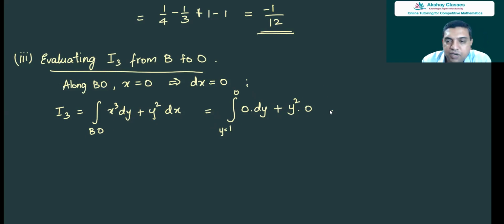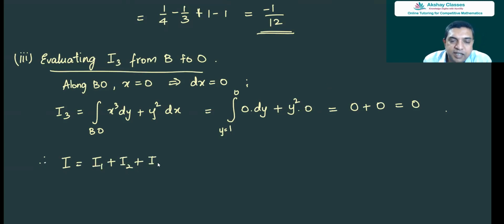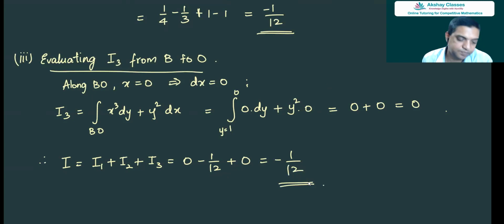So again, we get 0 plus 0 equal to 0. Therefore, the integral is I1 plus I2 plus I3, which is 0 minus 1 by 12 plus 0, which is minus 1 by 12. This is the answer.